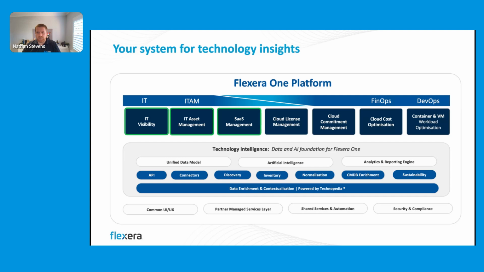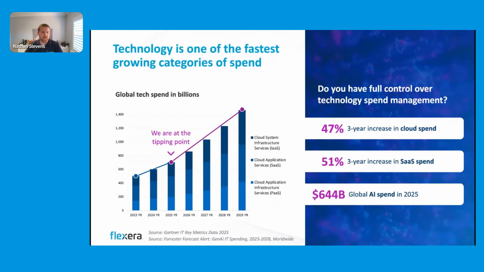As we go into a number of the different areas, there's some really good research coming out, specifically for last year moving into this year. Technology spend is increasing year on year, and this is really relevant when we look at ways to optimize your IT asset management spend.